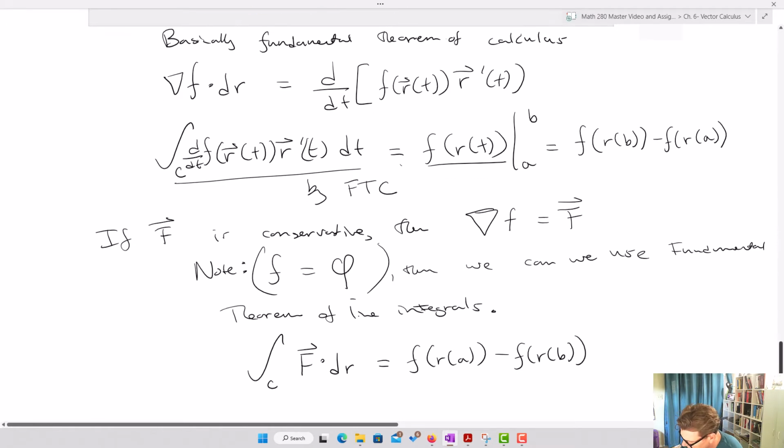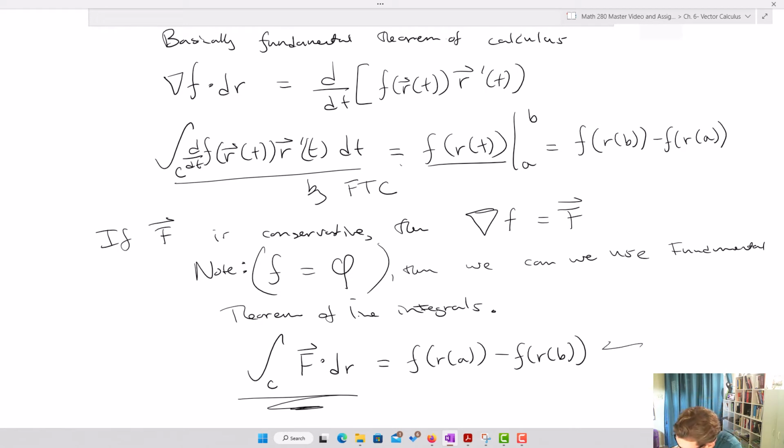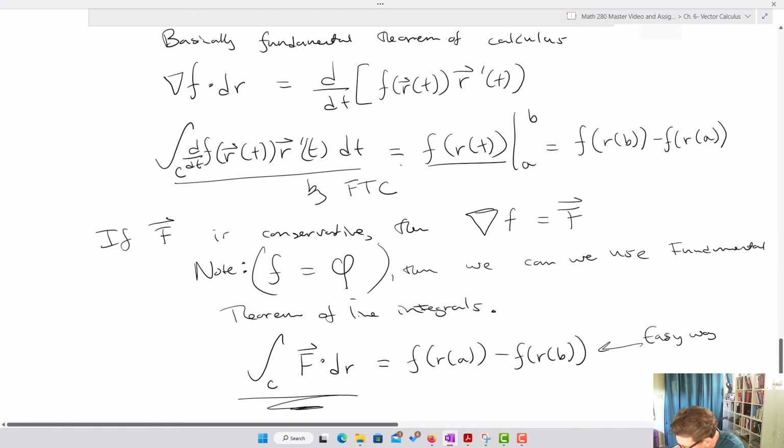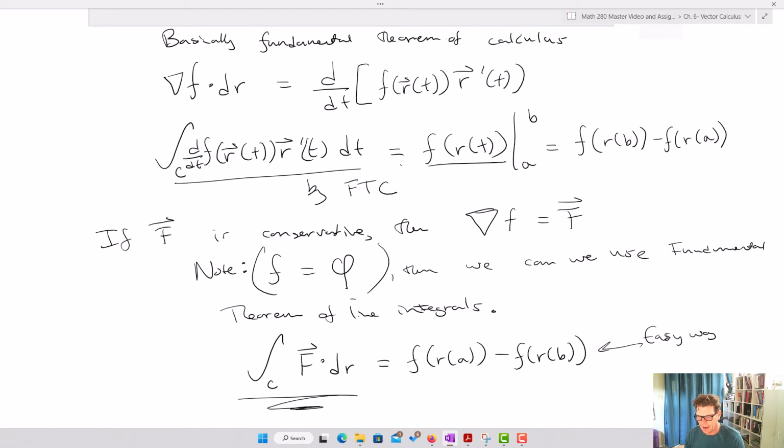So I have a much simpler way of determining F dot dr rather than going through the whole process of solving for my line integral. We call that the easy way. Go out and find that potential function, and once we've found the potential function, I can solve my line integral just by using the fundamental theorem.